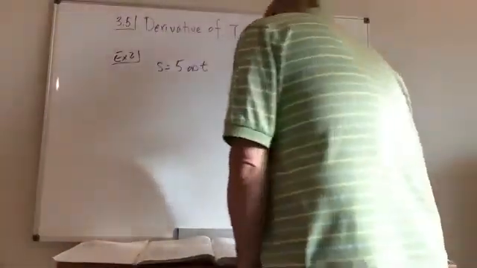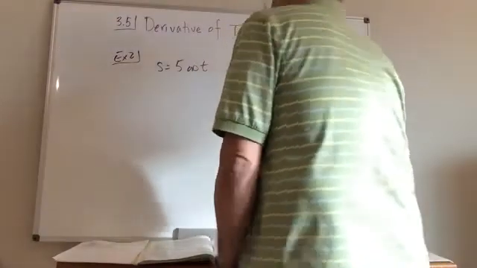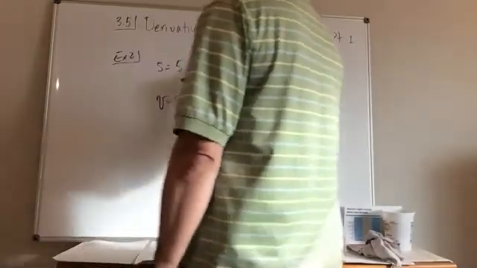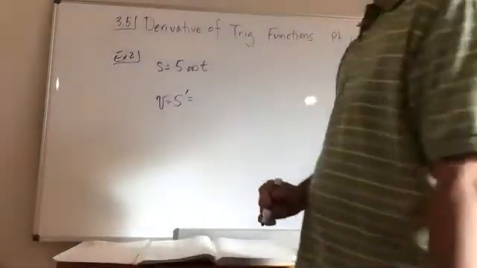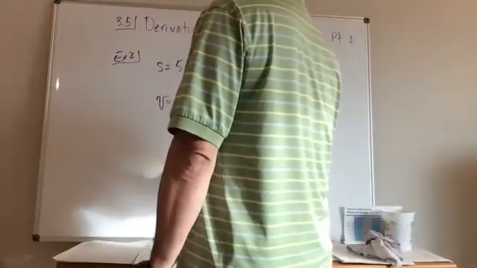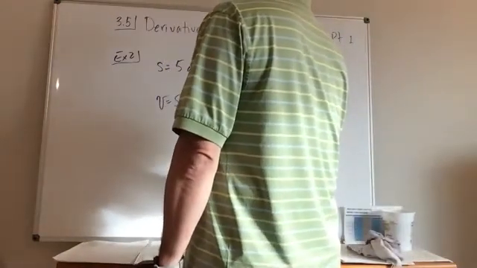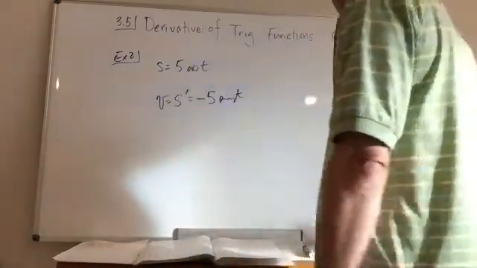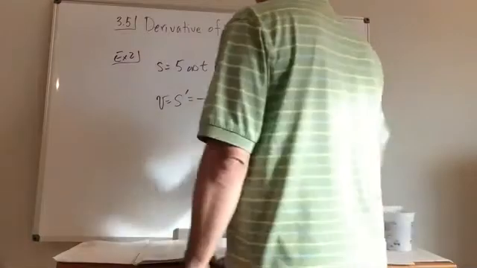I want to find the velocity and acceleration. So the velocity is s prime, the derivative of this guy. I take the derivative of cosine t, I get negative sine t. So it's going to be negative 5 sine t.